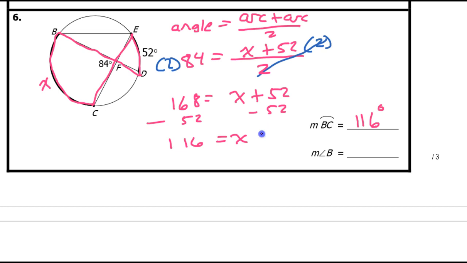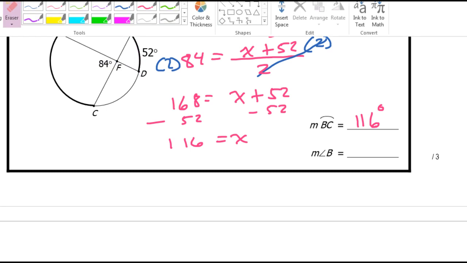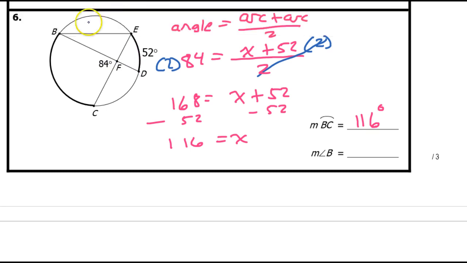And then now we're also supposed to find the measure of angle B. Now the measure of angle B doesn't really have anything to do with this formula. So I'm just going to erase all this for a minute. Focusing on angle B, which is right here. Hopefully you can see that angle B is one of those inscribed angles.